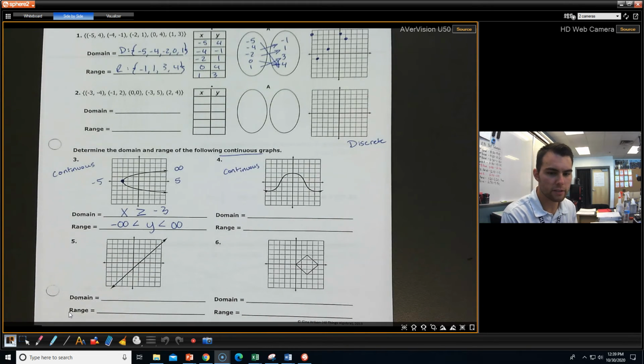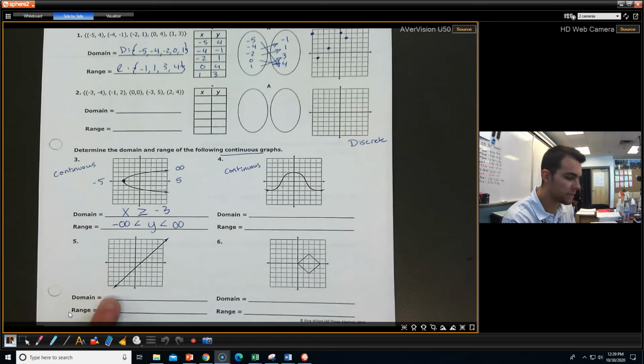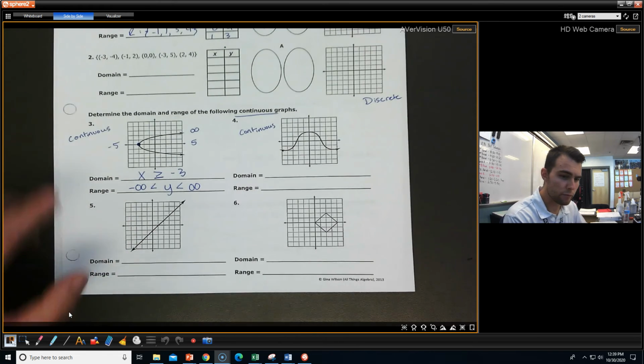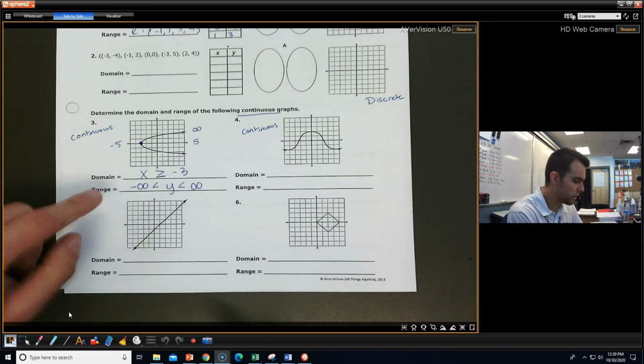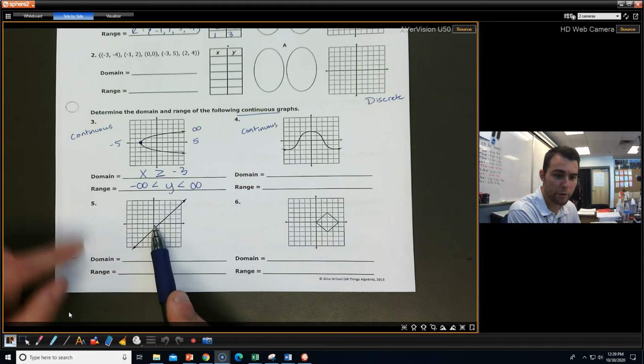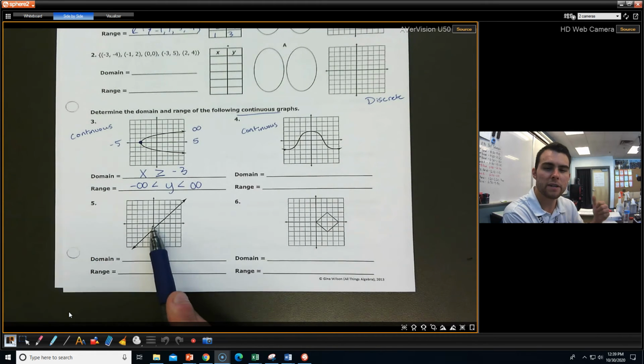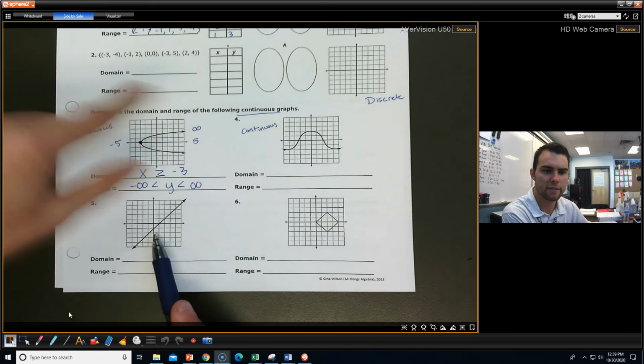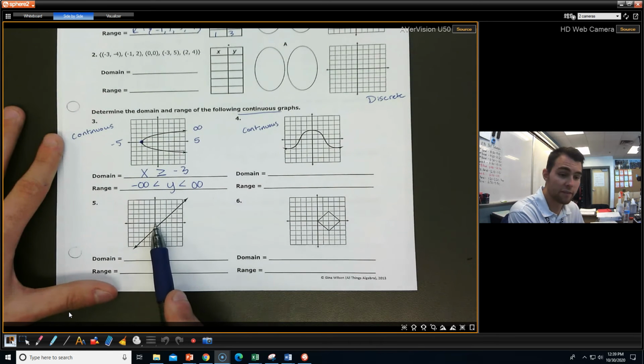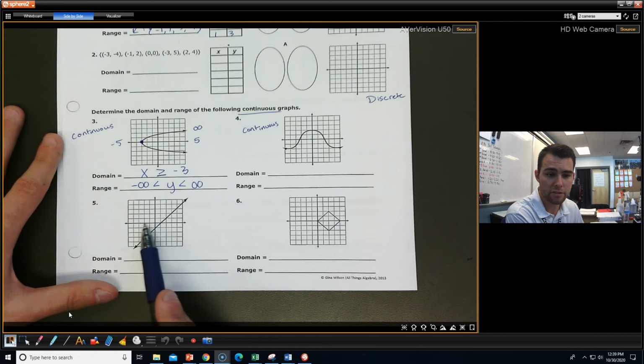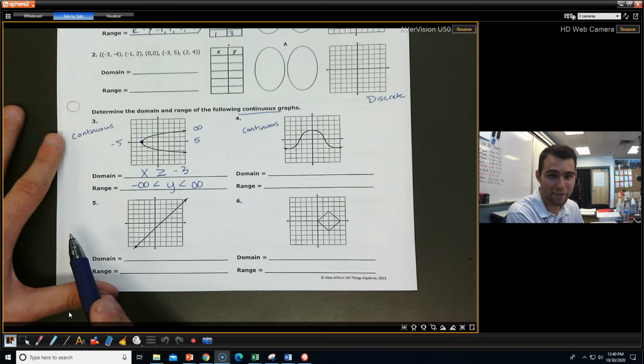Let's try another one. Let's try it with number 5. If we look at number 5, what is the smallest x value I can get? So I'm determining what's my smallest and what's my highest. That's kind of what I did for this last one. Well, my smallest for my domain, my x values, well, this arrow indicates it's going on forever and ever and ever in that direction.